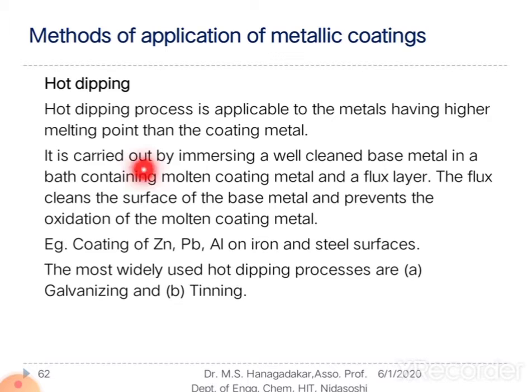It is carried out by immersing a well-cleaned base metal in a bath containing molten coating metal and a flux layer. The flux cleans the surface of the base metal and prevents oxidation of the molten coating metal.